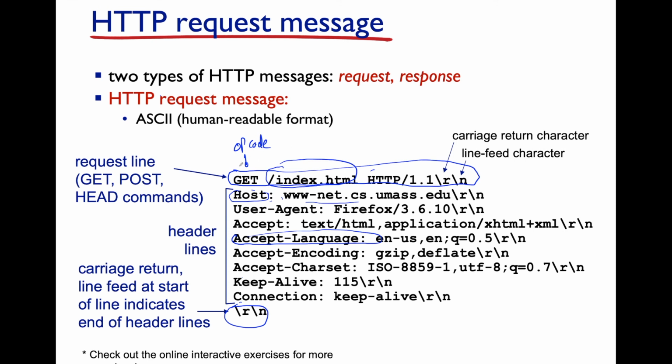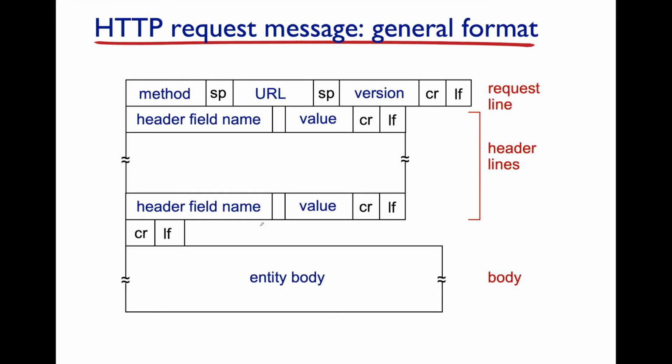But the actual behavior, the ask that the client makes of the server, is this request line in HTTP. So here's the general schema of what the HTTP request message looks like. You have some method drawn from a set of opcodes, separated by spaces from the other fields in the request line.